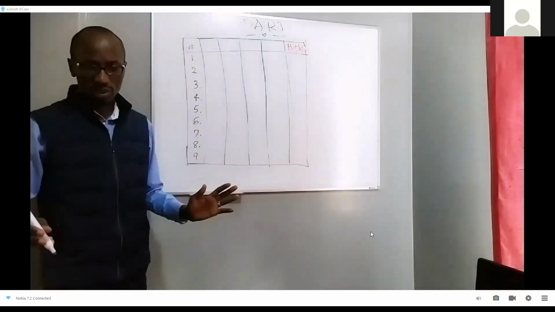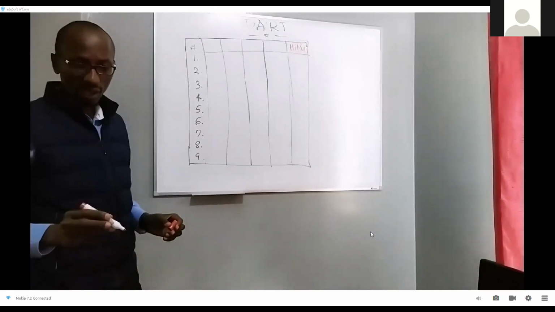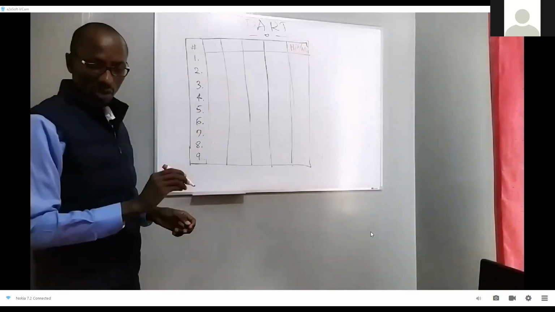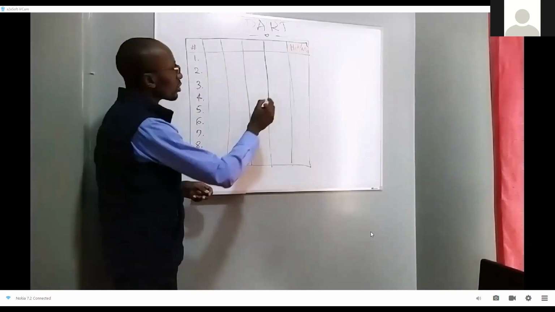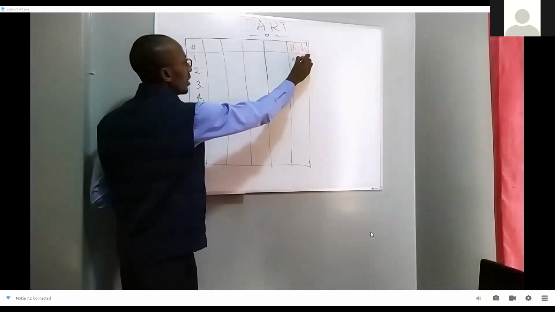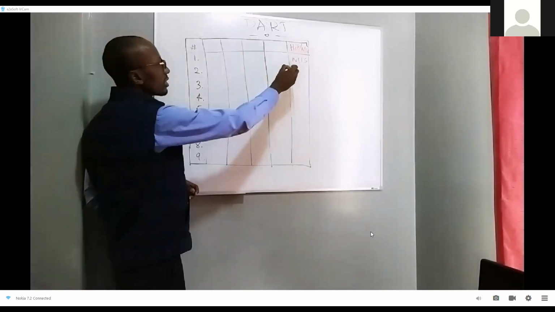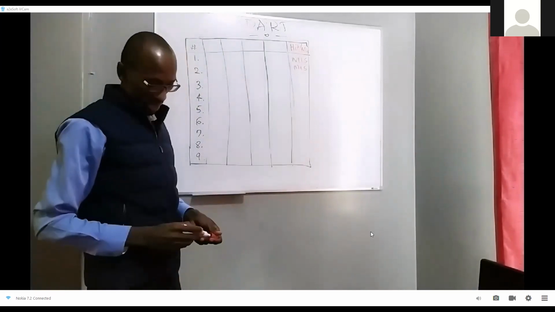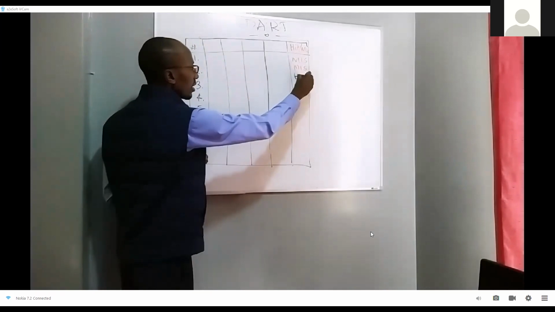So the first thing is Ayub is given 3 arrows, and I pick the first arrow and make a shot. When I shoot, it's a miss. Then I pick the second arrow, and when I shoot, it's another miss. And then the third arrow, it's a hit.